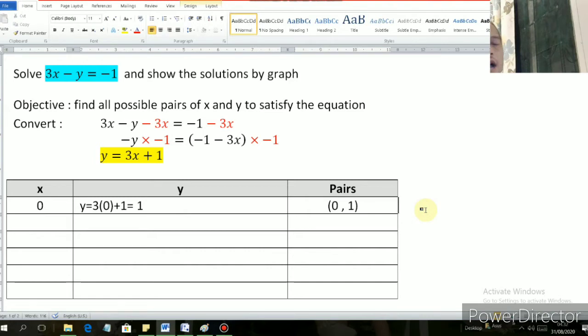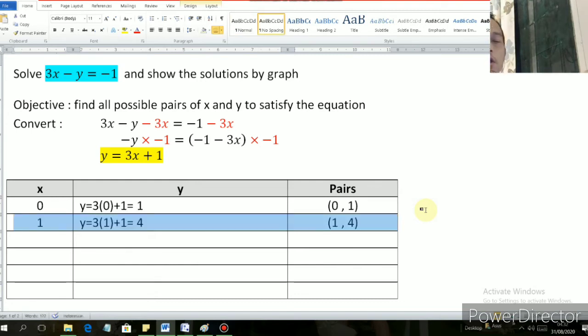Next I will try other values of x from the real numbers. It's easier for us to graph with integers, right? But actually we can include any decimals. We can try 0.5 for your x, 5 point something for your x, or even radicals. As long as it is included in your domain, you can use any value of your x.